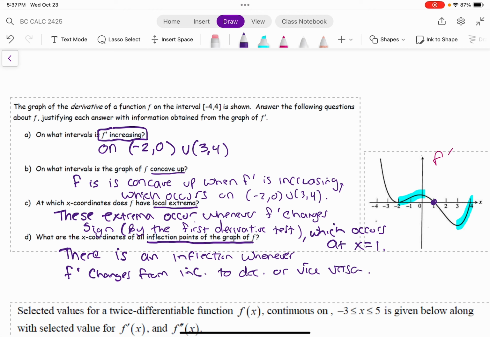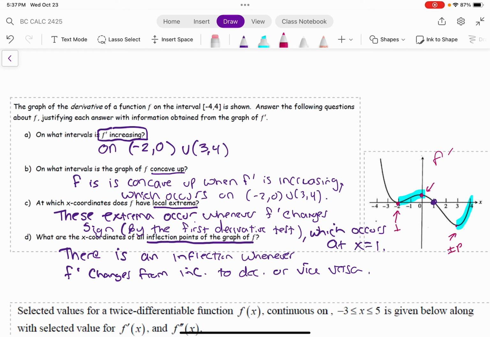Okay, in other words, my understanding of an inflection point, given that I'm looking at the graph of f prime, yes, it's when the function f changes concavity, but we're not looking at f. So your justification has to be based on what you're looking at. And we're looking at f prime. And so an inflection point is going to happen right here at 0. It's going to happen right here, and it's going to happen right here. Okay, I'm just going to write IP.